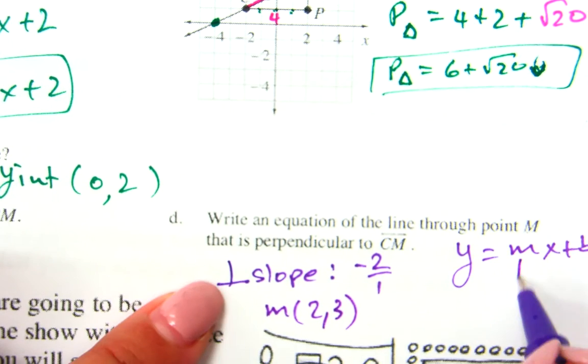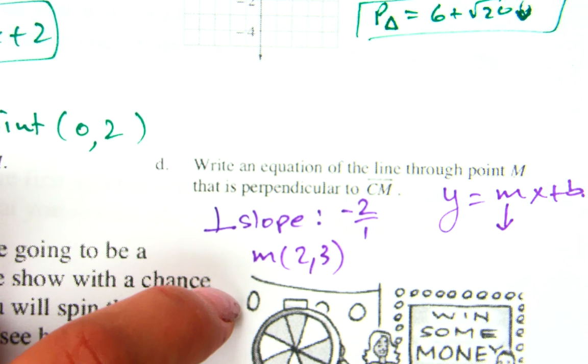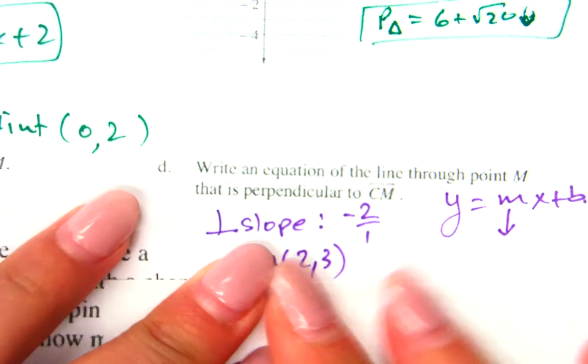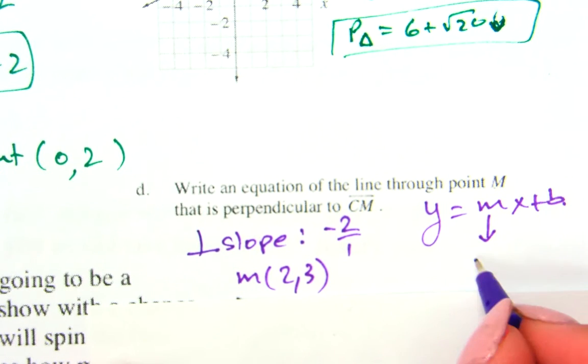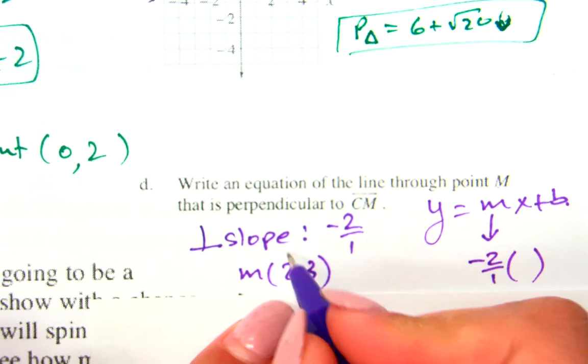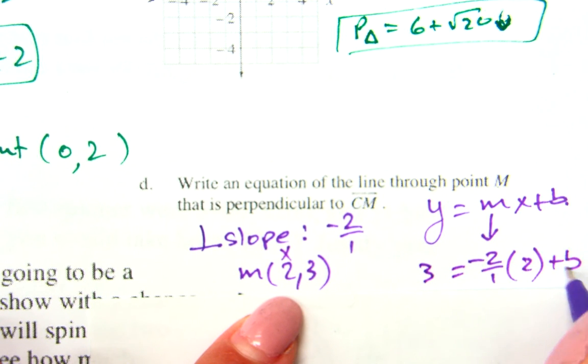Okay, I'm going to run out of space in a second here. Where's my sticky notes? There it is. There we go. So if m is going to be negative 2 over 1, your x is going to be 2, your y is going to be 3.